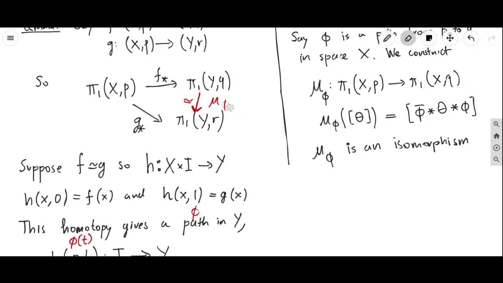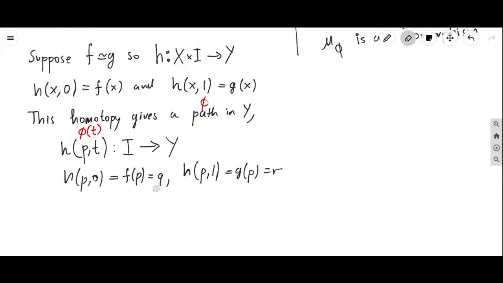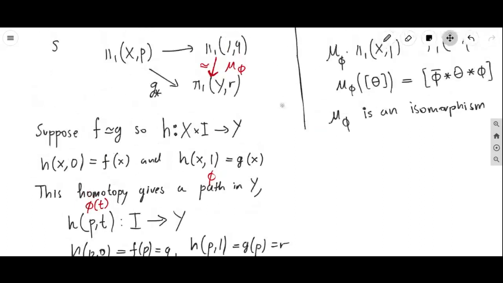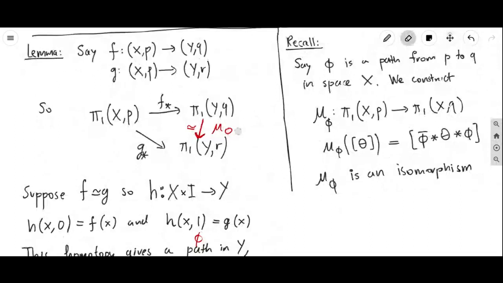Phi is the path from Q to R. So you're using the homotopy to create a path. You're not just picking a random path. You have to be very careful about what the lemma says. Recall what we said: you get different mappings depending on what paths you pick.